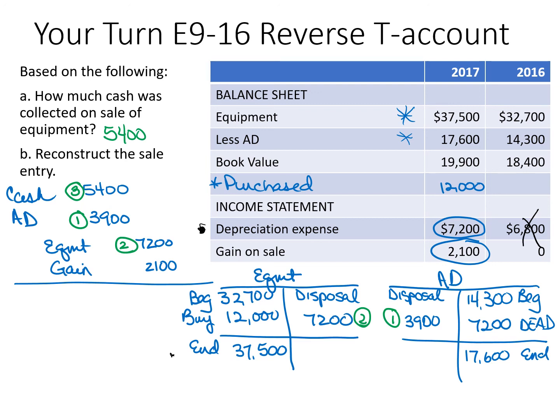And because of that, we can deduce how much cash, or the sales price of that equipment, was, which is $5,400. So that's two different ways and different questions that we can glean the information from: reconstructing the equipment account, the accumulated depreciation account, and reconstructing the entry to sell that equipment.